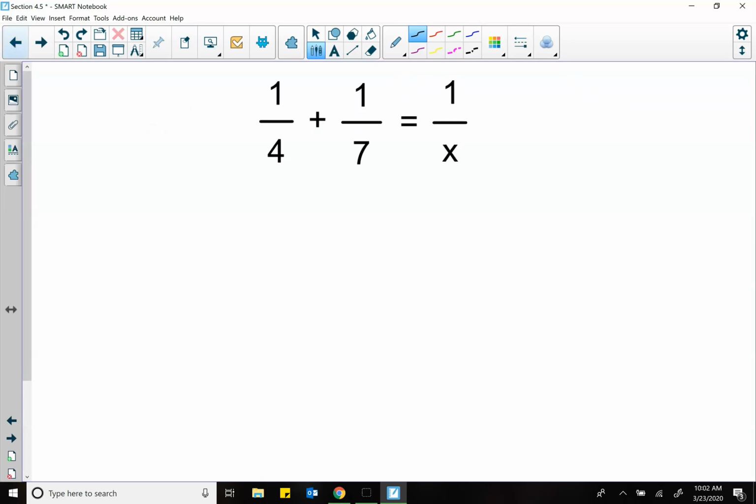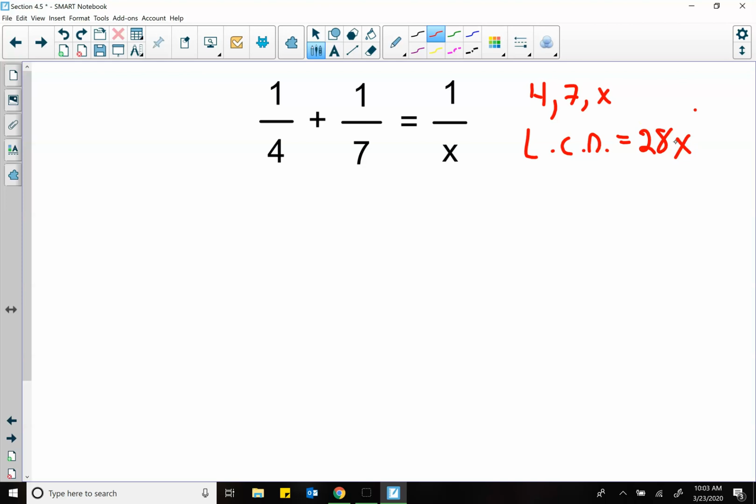Going back to this guy. So dealing with your LCD, we've got 4, 7, and x. The LCD for this guy, well, I believe that's 28x.